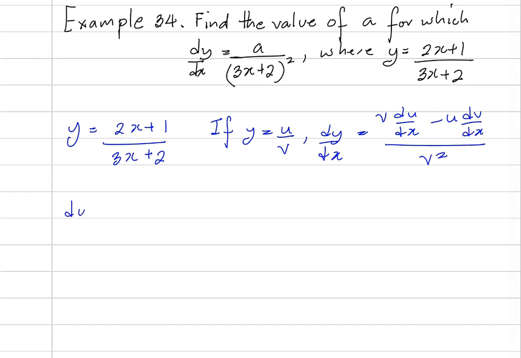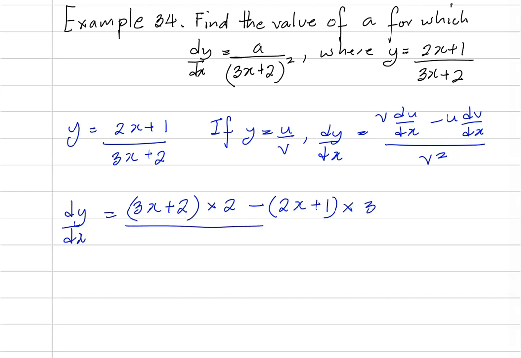So dy by dx is going to be equal to v, which is the denominator, 3x plus 2, multiplied by du by dx, which is the differential of the numerator, which is 2, minus u, which is the numerator, 2x plus 1, multiplied by dv by dx, which is the differential of the denominator. So that is 3, and this is all over the square of the denominator, which is 3x plus 2 squared.